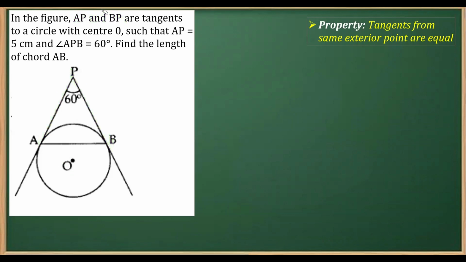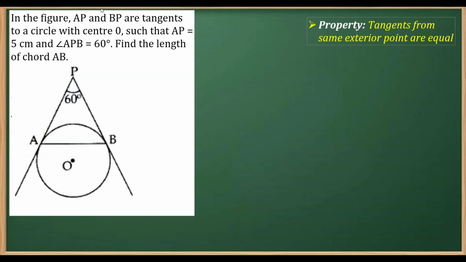So this is the length of AP and this is given as 5. And we are given this angle, that is angle APB, is given as 60 degree. What we have to find is the length of this chord AB. That's what we have to find out.